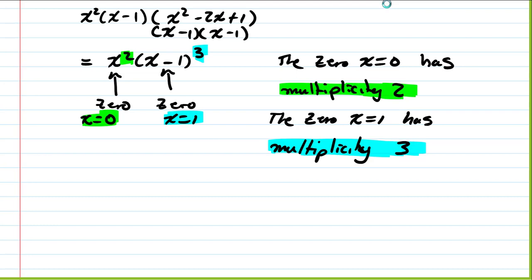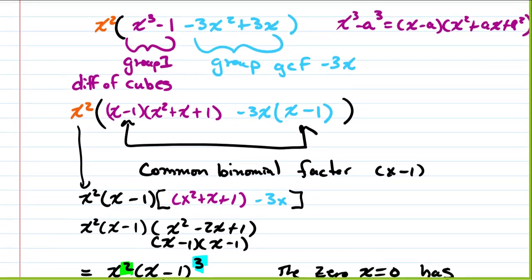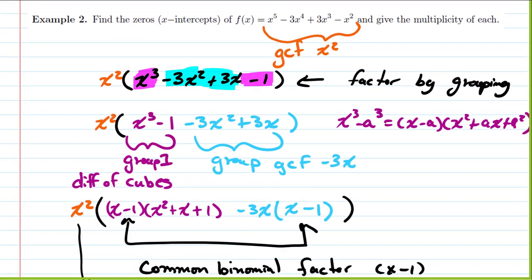So the graph bounces at x equals 0 and will pass through at x equals 1. So let's draw a picture with our calculator of this graph.